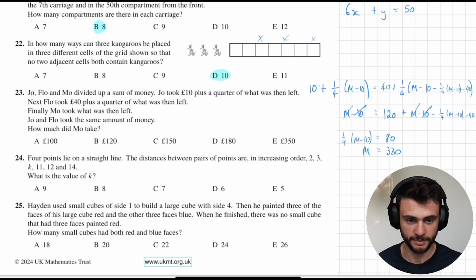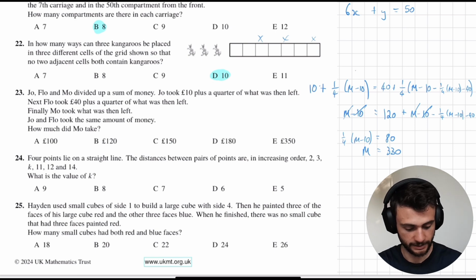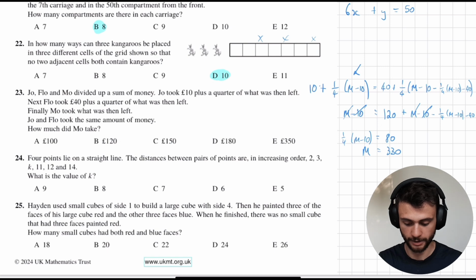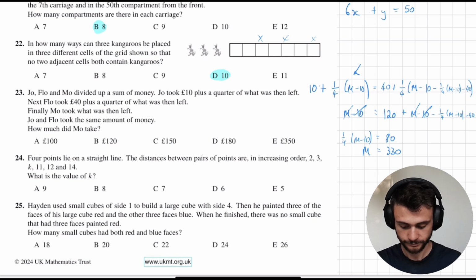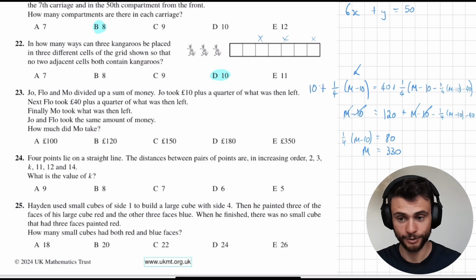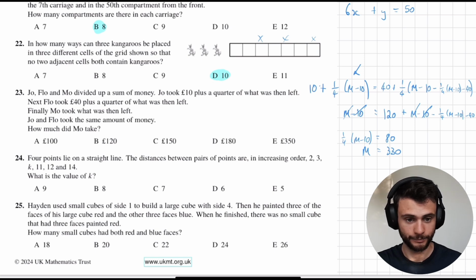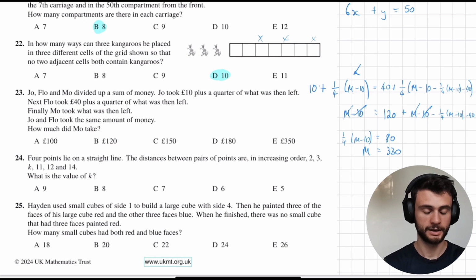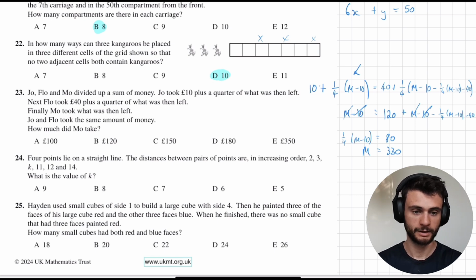So if the original amount of money was 330, we can sub that back in here to work out the amount that Flo and Joe took. So 330 minus 10, 320, times by a quarter is 80.